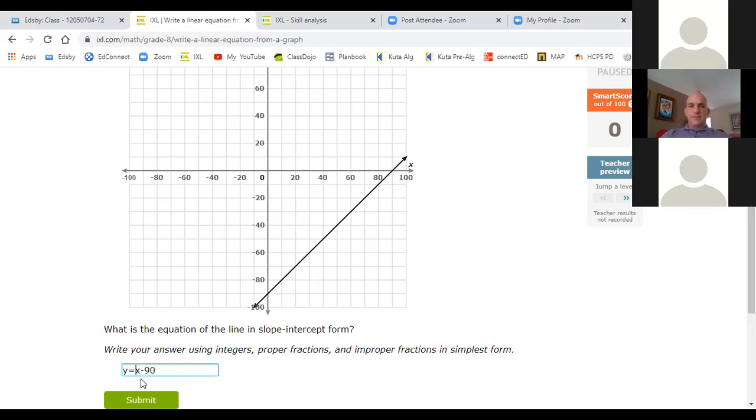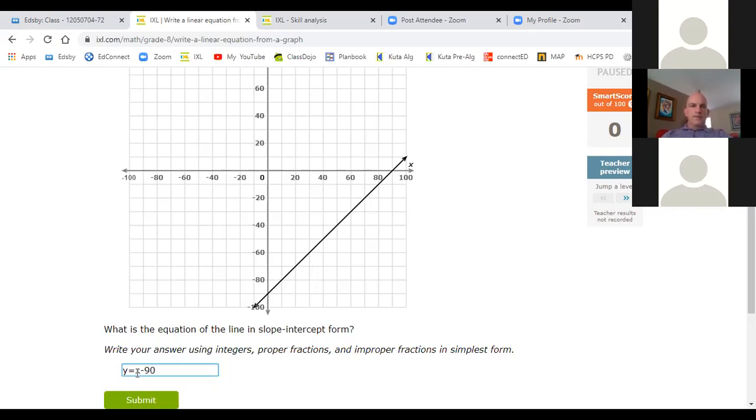So now I need to figure out my slope, and I can simply count it based off of these squares. If you see the grid, where's the next point that we can recognize? Well, there's one there, there's one there, there's one there. It doesn't matter which one you use, it'll simplify to the same thing. So if I go up 1 over 1 to get to that next point, that's technically a slope of 1. So I could put a 1 in here. 1 over 1 is just 1.